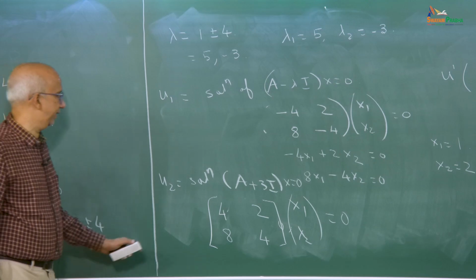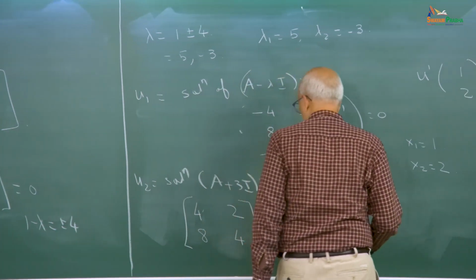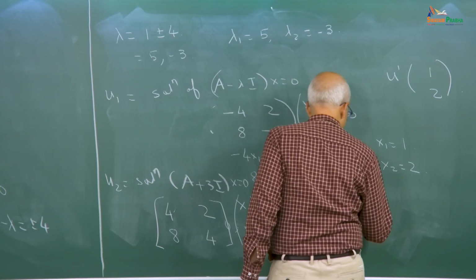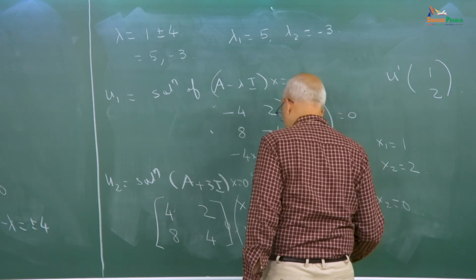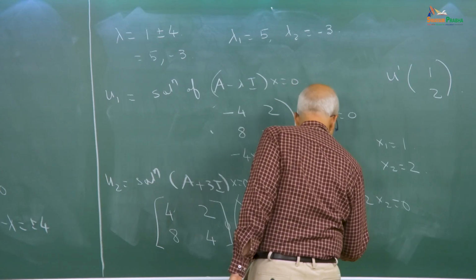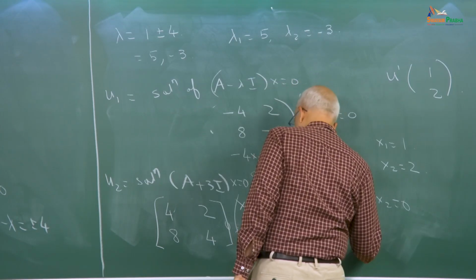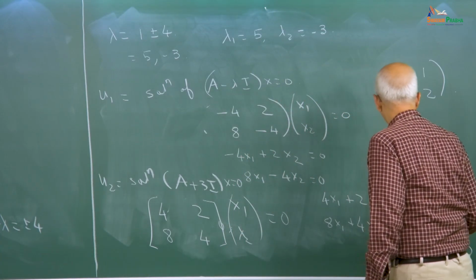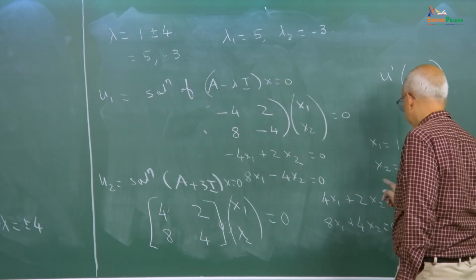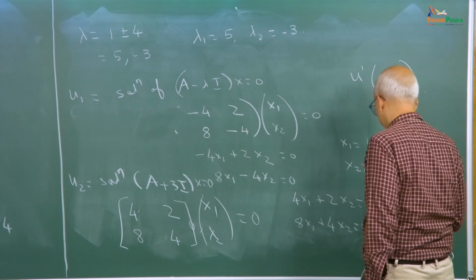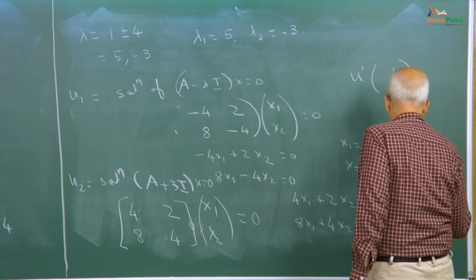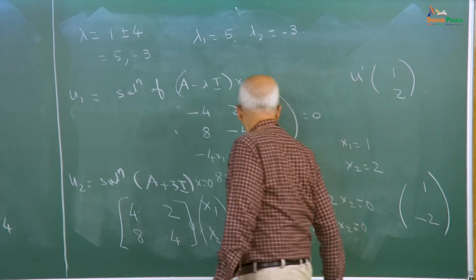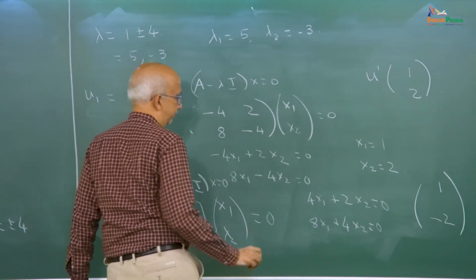So, I have just added 3 to the diagonal. What do I get? I get 4 x1 plus 2 x2 equal to 0 and 8 x1 plus 4 x2 equal to 0. So, now if I put x1 equal to 1, I get x2 equal to minus 2. That is my solution. This is my u2.